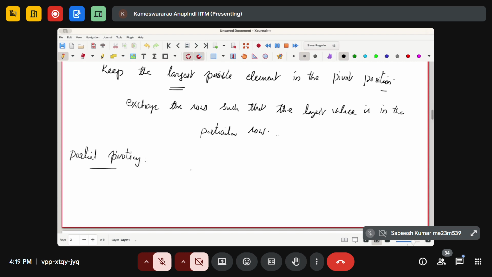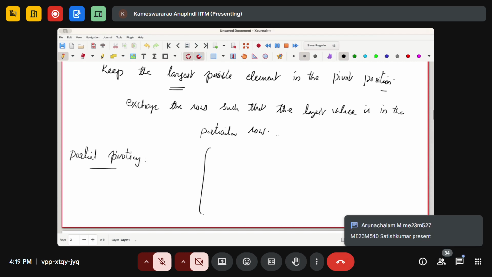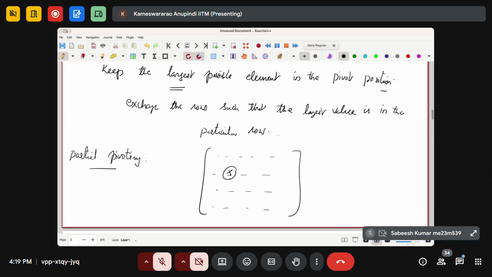That means if I were to do, let us say we have this matrix, and then we have several elements, and we are doing calculation. Let us say this is the pivot element I have to operate on. Let us say I'm operating now on the second row. Then what I'll do is that I'm going to look for all the elements below this pivot element, right? And I'm going to check which is the largest value in this column.